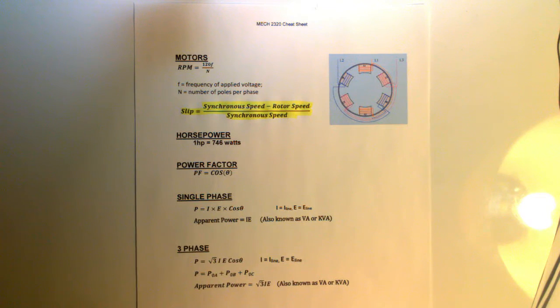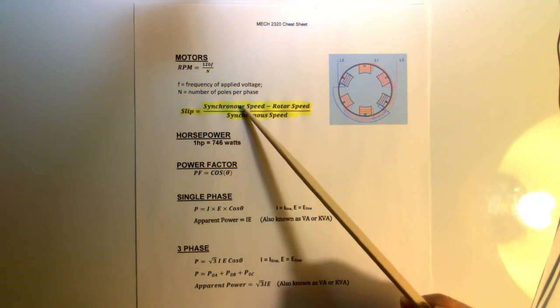Slip is equal to the synchronous speed, which is 1800 RPM for our motor, minus the actual rotor speed, and we saw that. It was 1760 RPM.